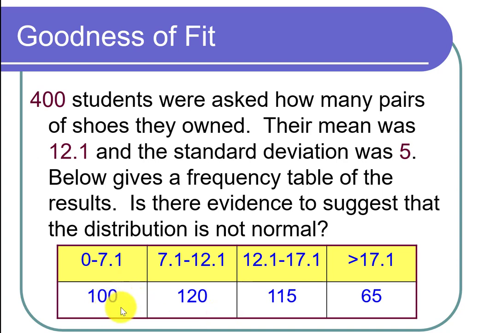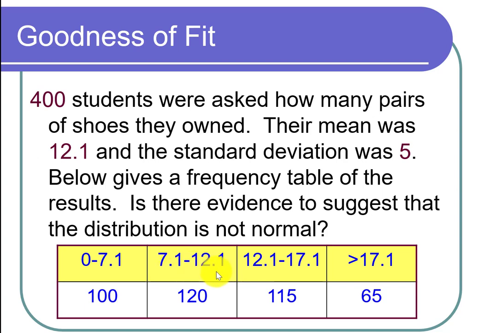Now we need to figure out the expected. The way to do that is we look at these intervals. Notice 12.1 is the mean. The standard deviation was 5. If you go 12.1 plus 5, you get 17.1. This is not a coincidence. And if you do 12.1 minus 5, you get 7.1. Also not a coincidence.